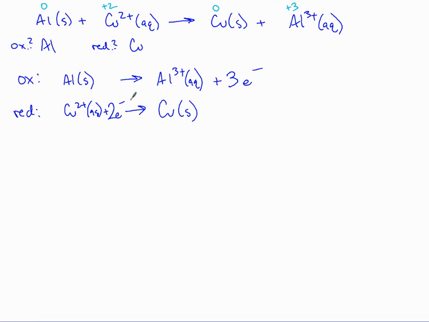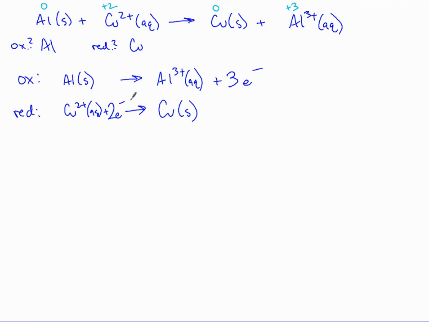You need to have 2 electrons here. These are our 2 half reactions, and they are balanced in terms of atoms, and they're balanced in terms of electrons. So for step 3, we were able to skip a bunch of things.